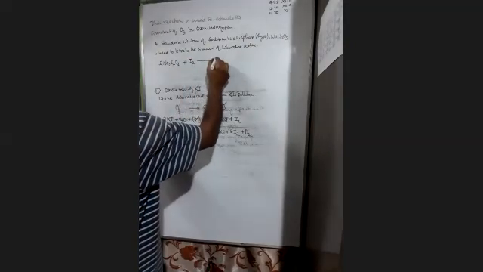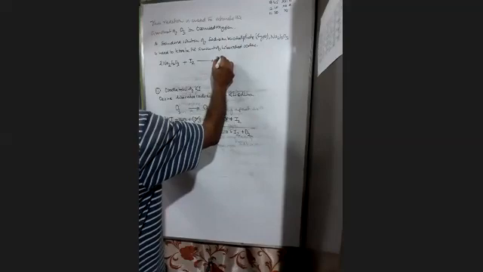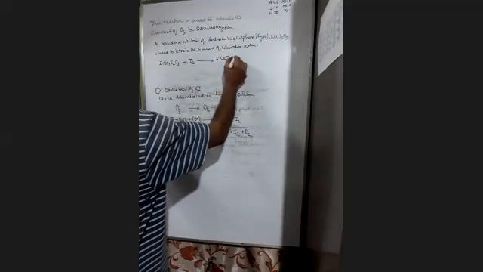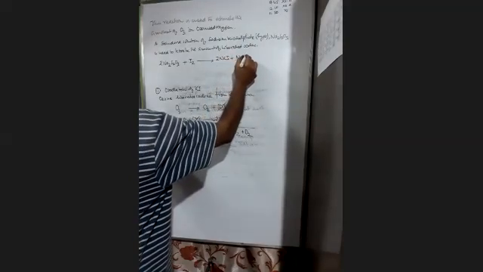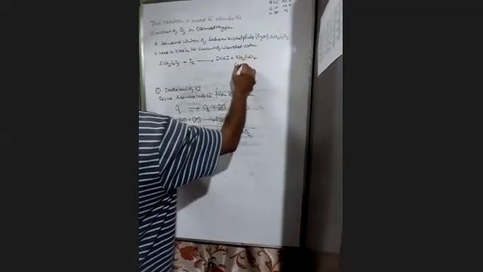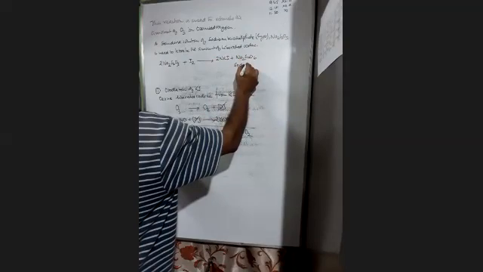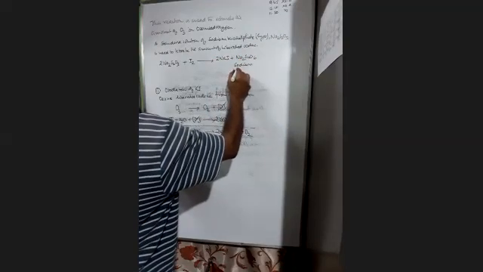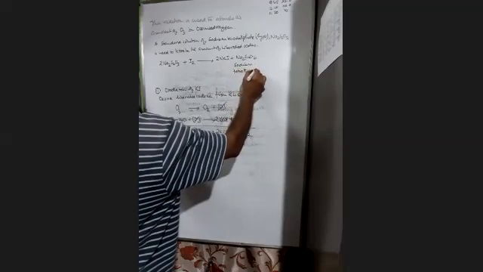So you will get now here 2 sodium iodide and Na2S4O6. This is called sodium tetrathionate. See here, because you know how much sodium thiosulfate you added. You know by weight.